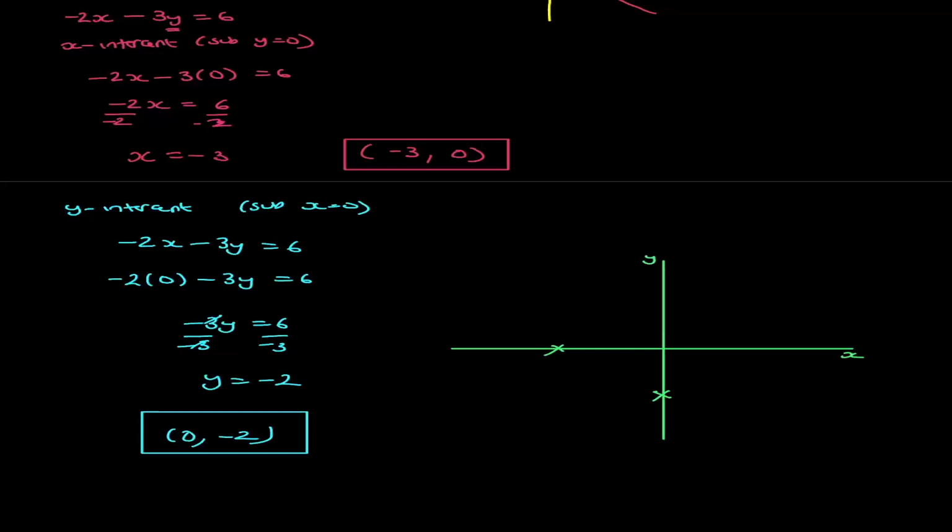Just 2 points to draw your graph. So you've got your 2 points and extend the line. One continuous, straight, beautiful line. And let's label everything. That was (0, -2), my y-intercept. The x-intercept was (-3, 0). And my graph was -2x minus 3y equals 6.